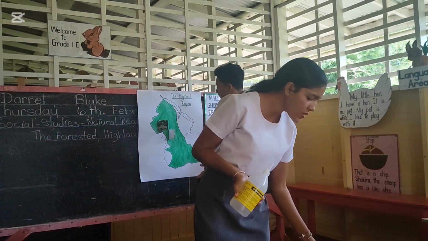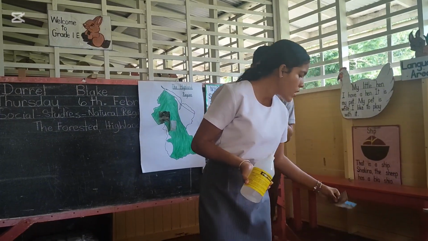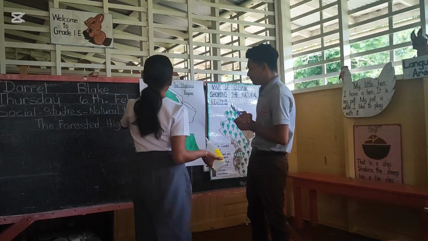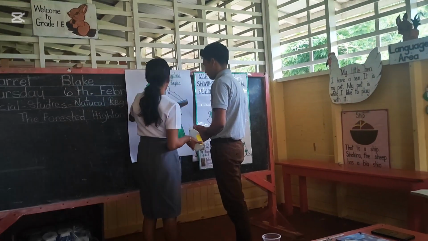Now some activities that are done, we have mining and logging. So we're going to place the two main activities. We're going to place logging down here and then we're going to place mining up here.